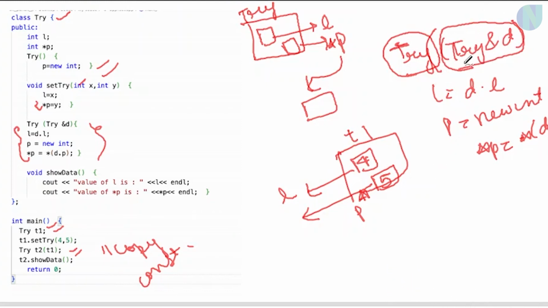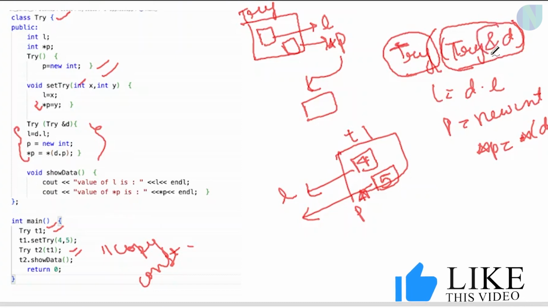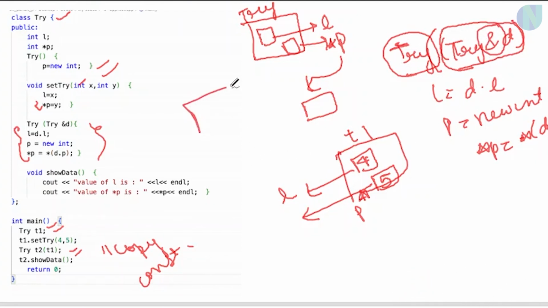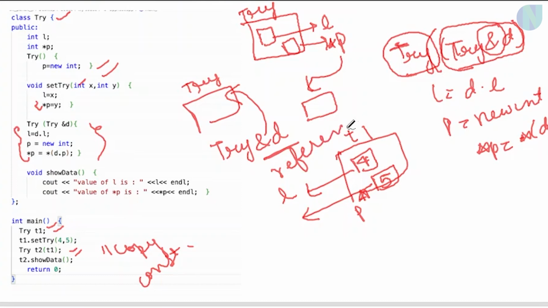Ampersand basically refers to the existing object. If we are creating a class as try and we write try ampersand d, then d would be referring to this class. So ampersand d acts as a reference variable.